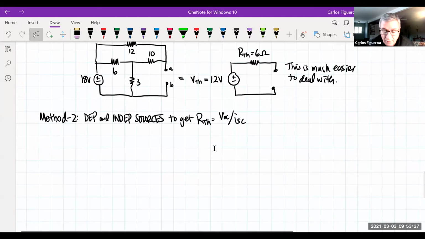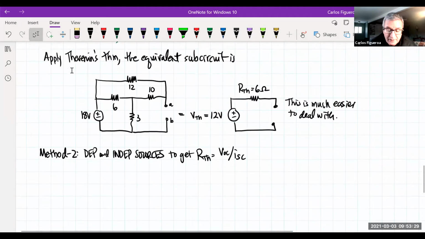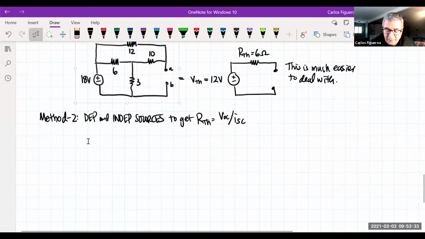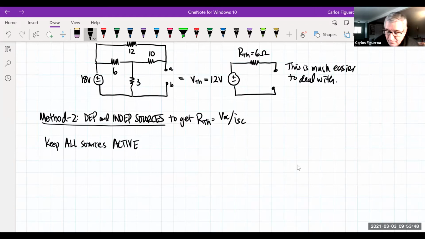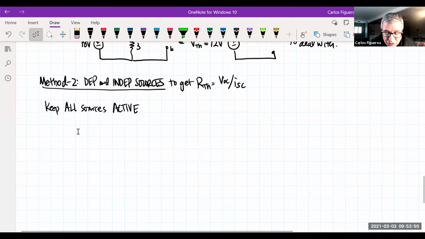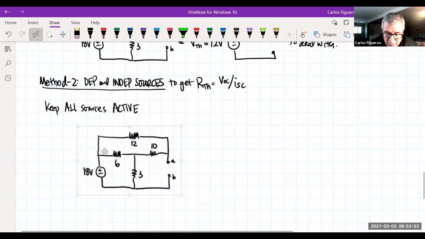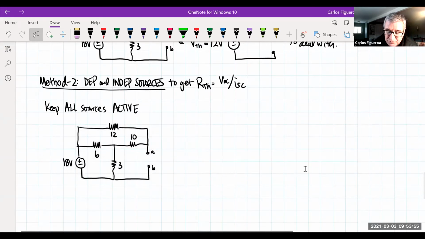Here's my original circuit. In method 2, you keep all sources active. So that means I do not short out that voltage source.